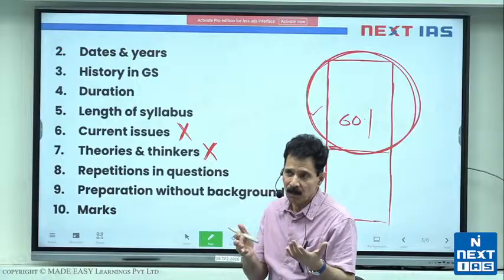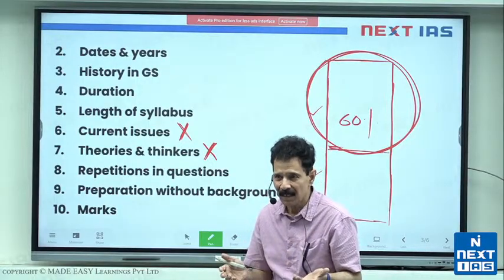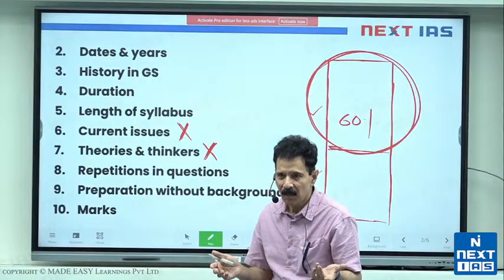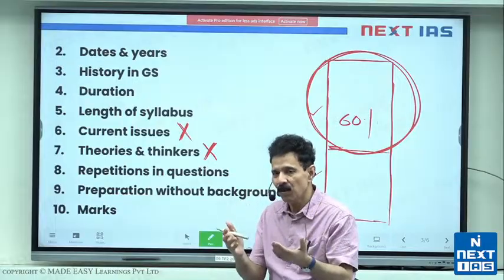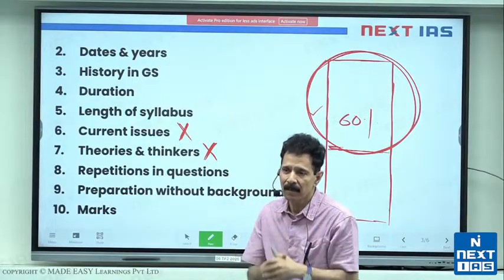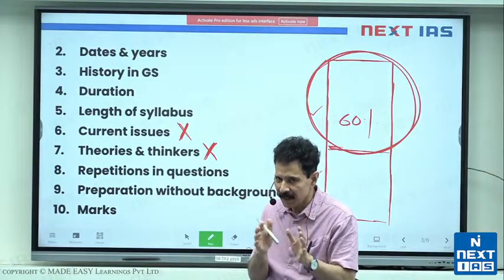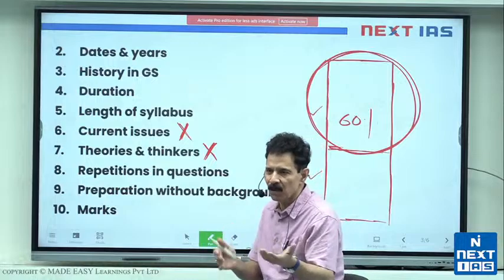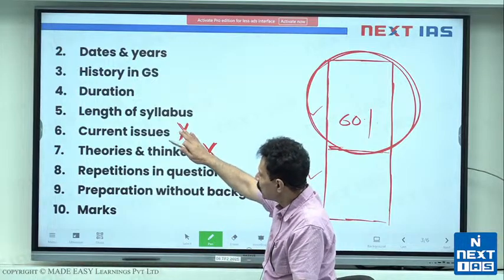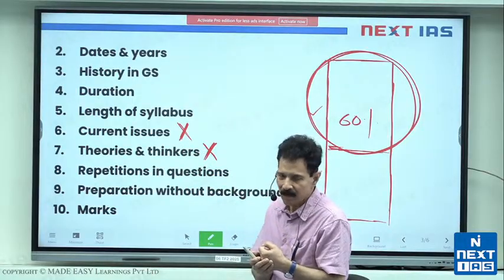See, those who are preparing Pol Science optional, for example, you have to do a lot of current affairs, international relations and all, what is happening all around. And if you have a look at the question paper, the current dimensions are dominant there. So you're free from doing all these things. Anyway, you have to do newspapers and all for GS, that is another thing. But for optional, absence of 6 and 7 makes you very comfortable. This saves a lot of time.